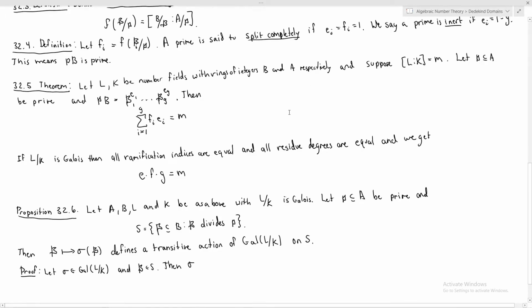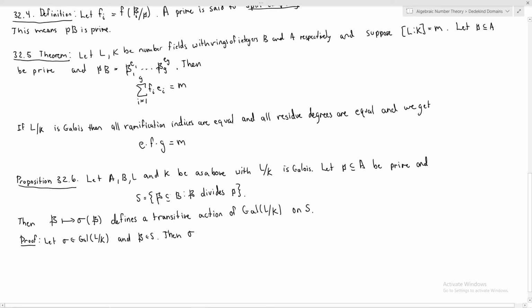Okay, so now this will work. And sigma of the prime contained in B will be a prime ideal. Okay, it's not too hard to check.